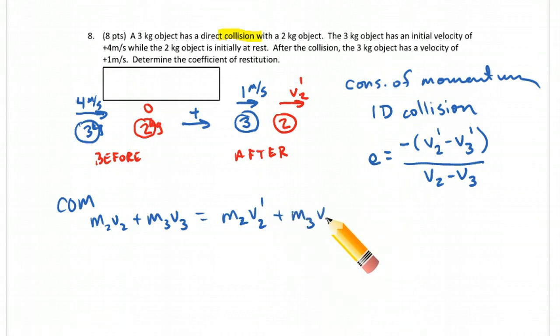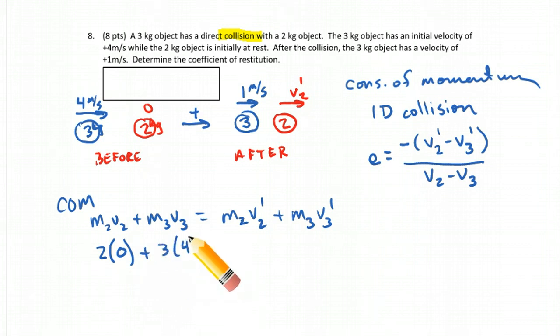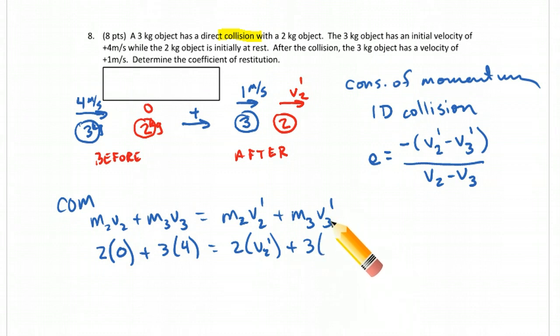No external forces. Alright, so mass of 2 was 2, and it was at rest. Mass of 3 was 3, and it was a positive 4. Okay, 2 v2 prime, and 3, and we're told that's 1.